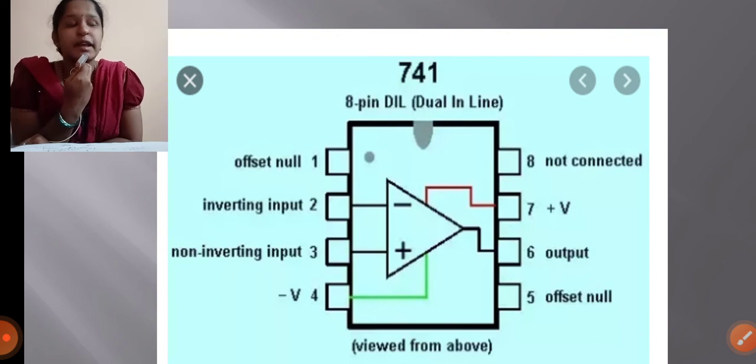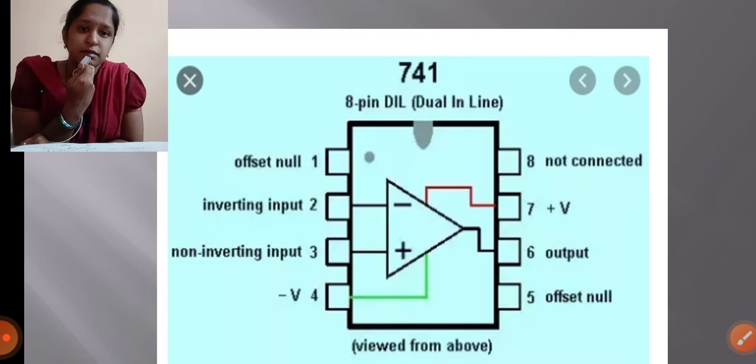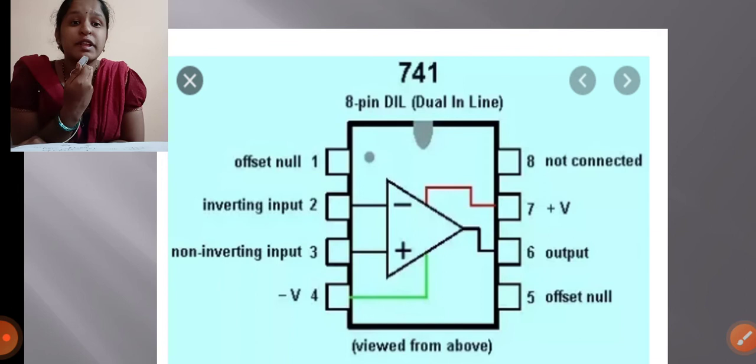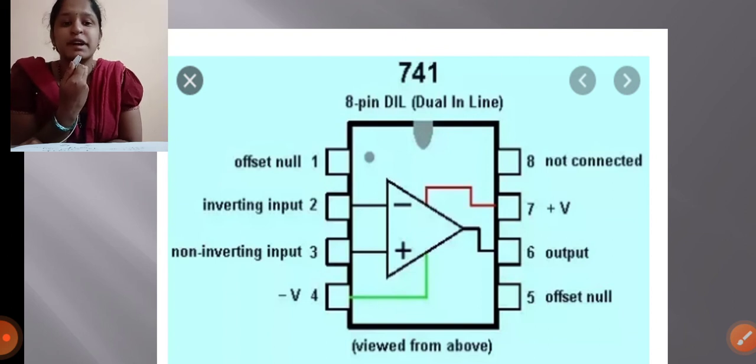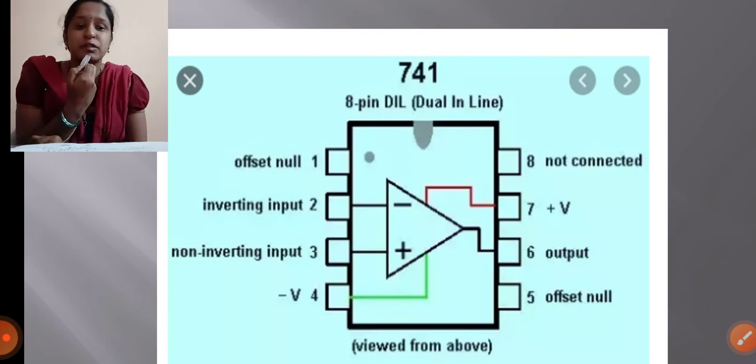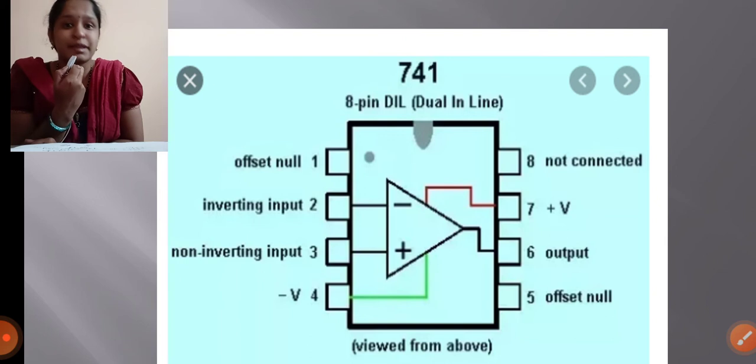If you are getting 0.8 gain in the output, with pins 1 and 5 will you get at least 0.95? It is trying to do that. That offset null is doing this kind of work.